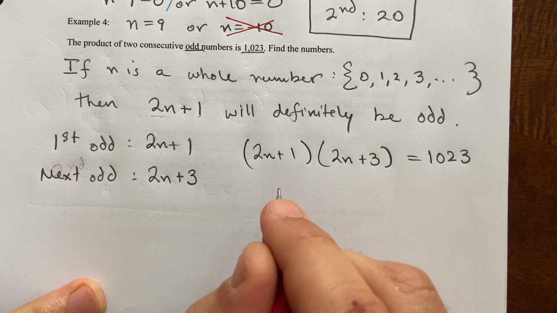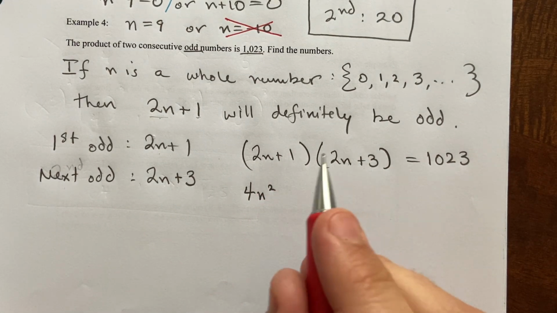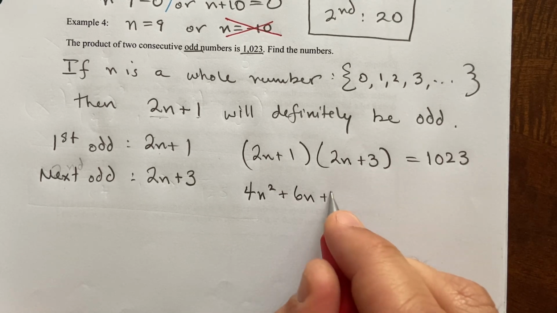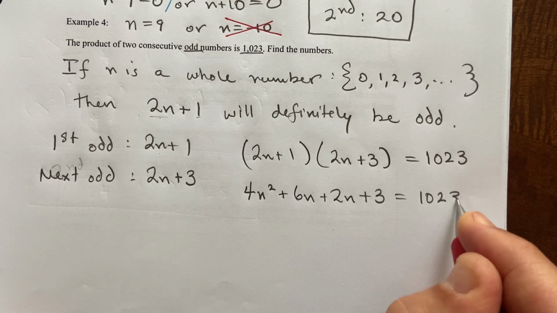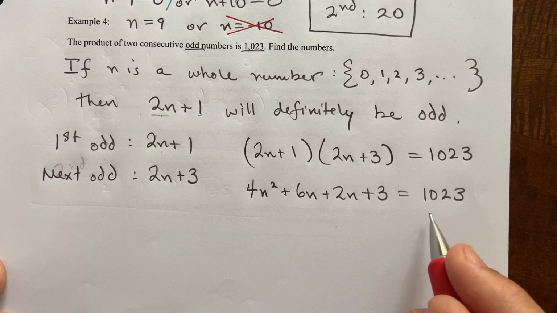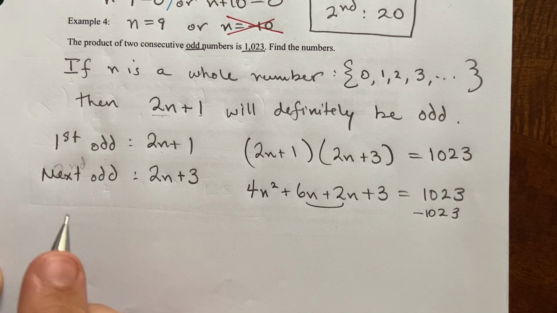So FOIL, 4n squared. I get the outside as plus 6n, the inside is plus 2n, plus 3 is the last, and then 1023. Combine like terms, form a 0, solve with the quadratic formula, or factoring perhaps. So I'll subtract 1023 and I'll combine these two as well.